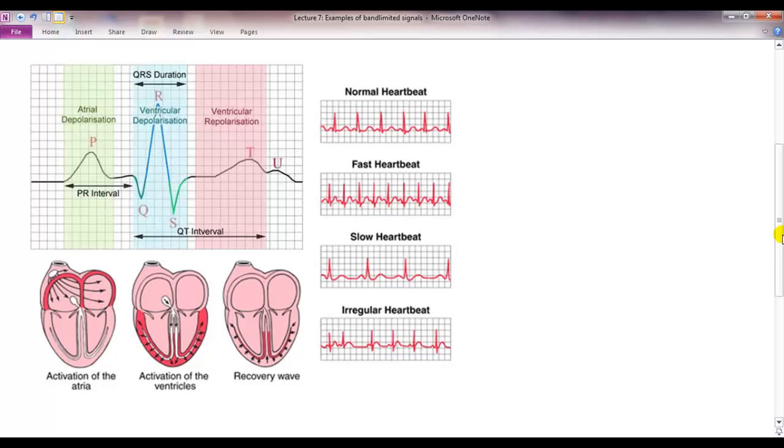Okay, which looks like this. Now, a long time ago, this ECG used to be analog, continuous time. But now you get digital ECG monitors, and by that they mean they need to sample it. Okay?